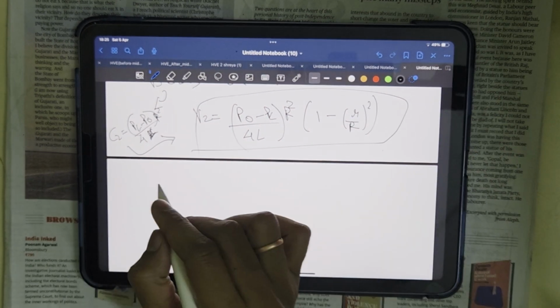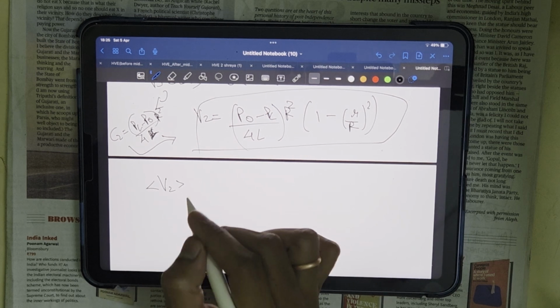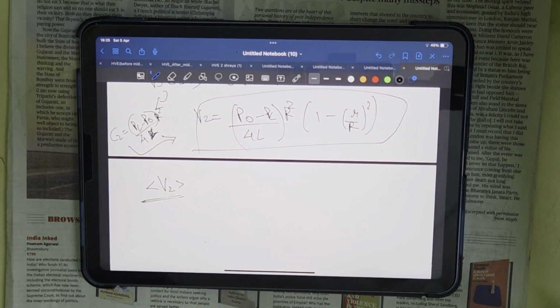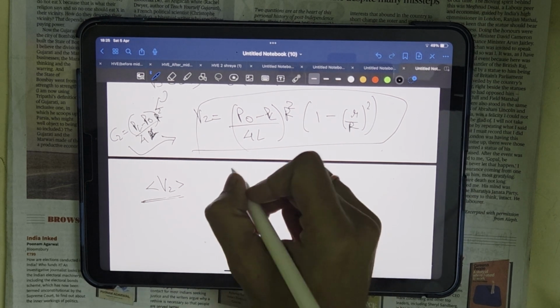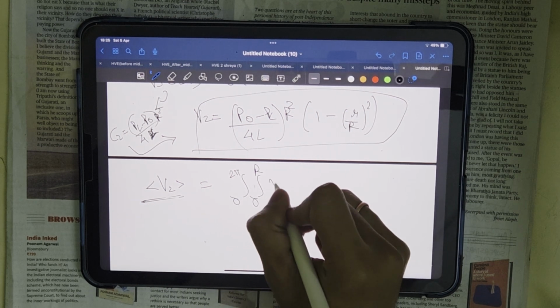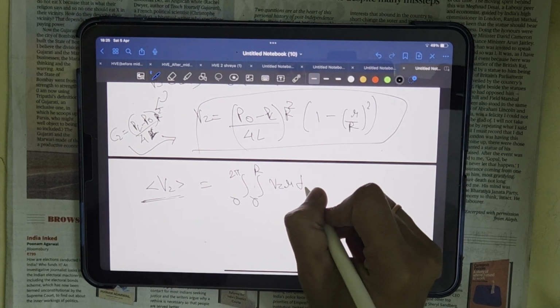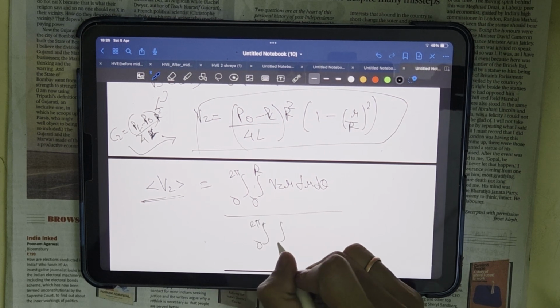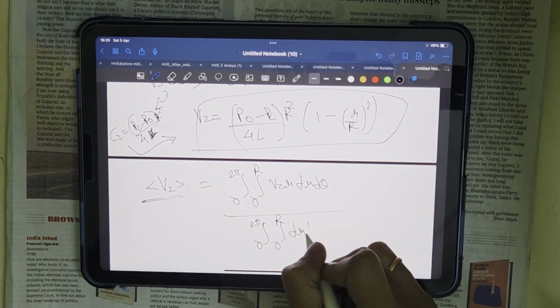We have to calculate Vz average, that is the average velocity, to calculate the mass flow rate or the volumetric flow rate. Vz average is equal to the integral from 0 to 2 pi, 0 to R of Vz r dr d theta, upon the integral from 0 to 2 pi, 0 to R of r dr d theta.